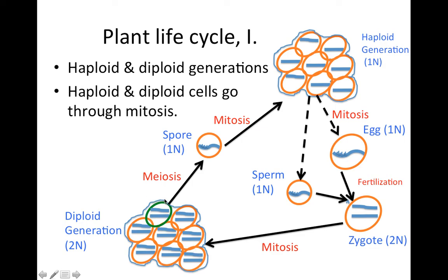Mitosis, diploid generation, multicellular, meiosis, creation of a spore, one cell, it's haploid, it goes through mitosis, it creates a multicellular haploid generation, and then the process of mitosis occurs, and we get formation of gametes, fertilization, and the process repeats.